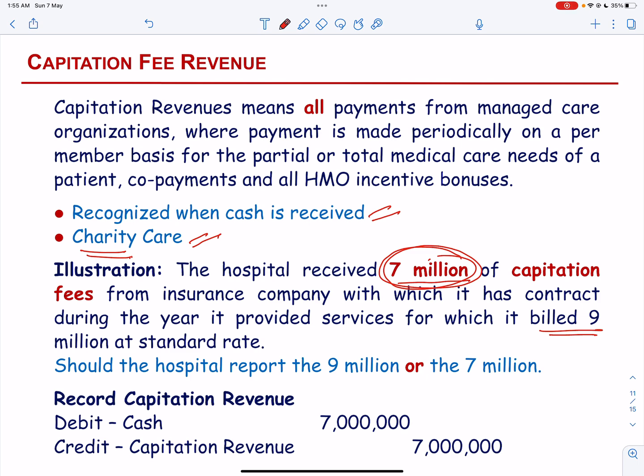Since the hospital received only 7 million as revenue, we are going to debit the cash for 7 million, and capitation revenue will be credited by 7 million. If there were no insurance agreements, then the hospital would charge at a standard rate of 9 million. But in case of capitation revenue, since we record cash, it has to be recorded for 7 million. Let us look into another illustration.